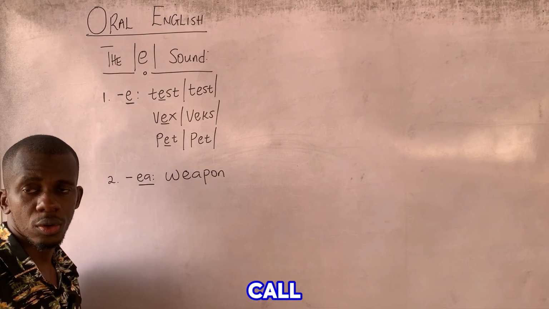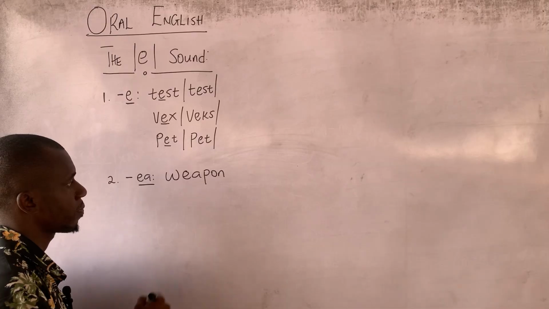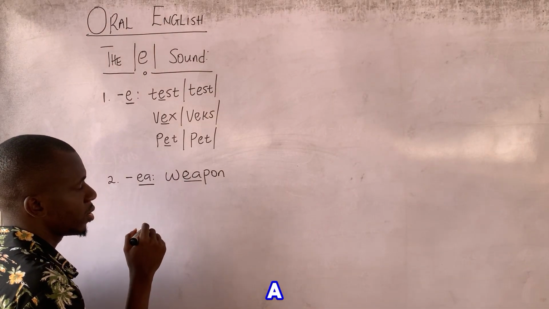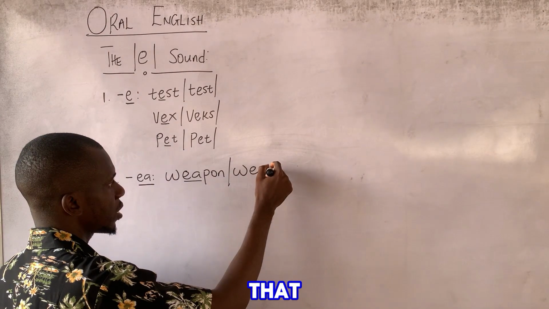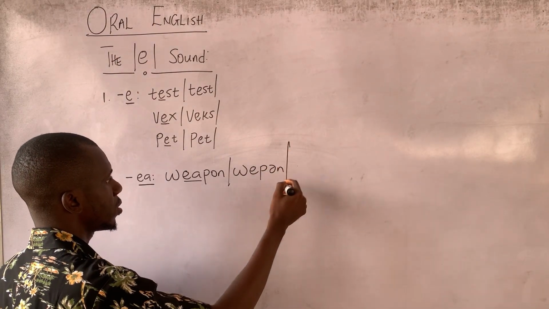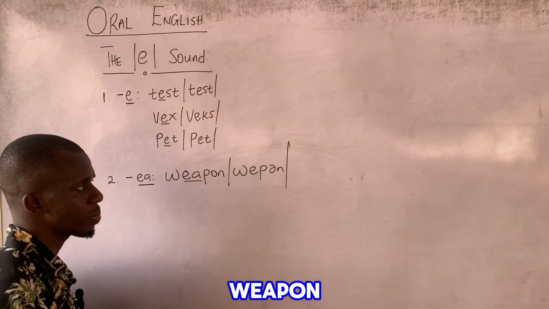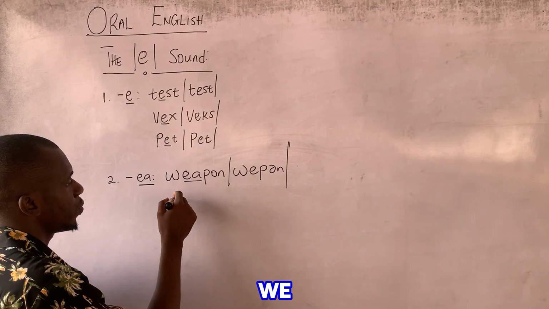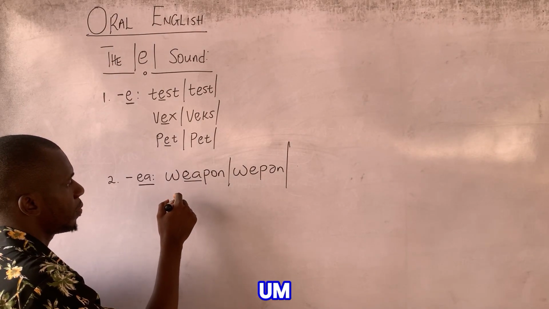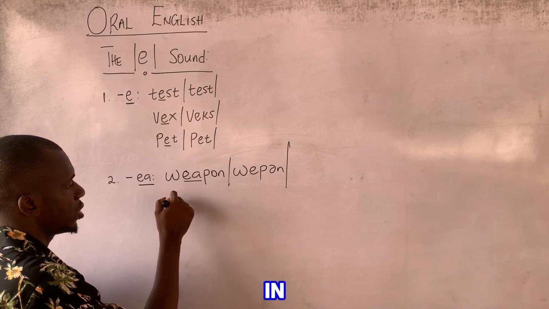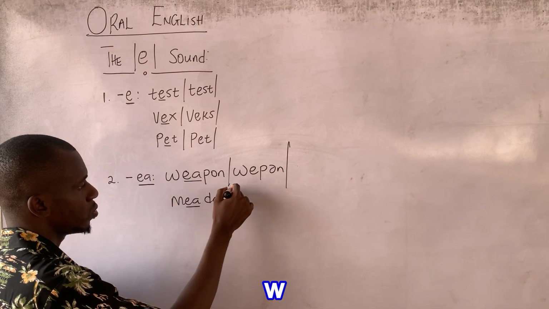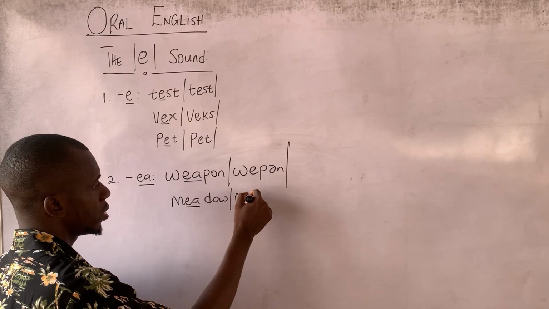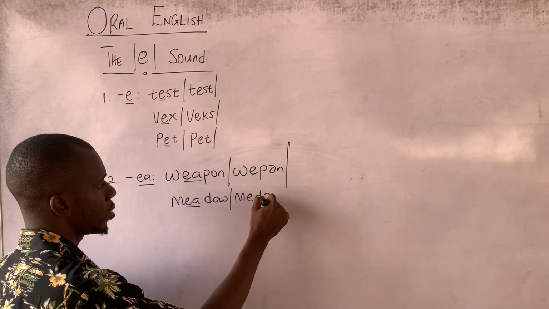We have a transcription that looks this way. Weapon. We also have this sound in the word meadow. This is meadow.